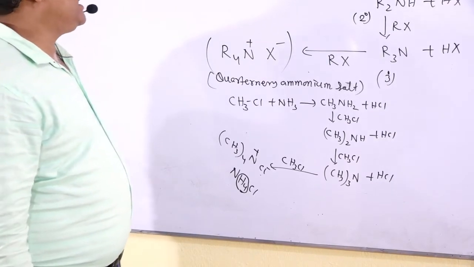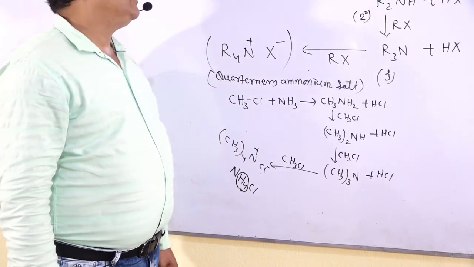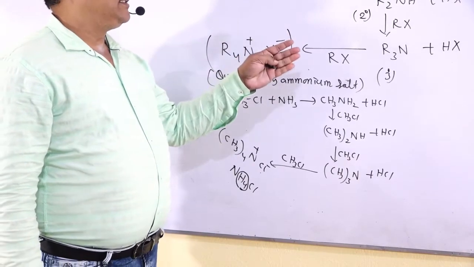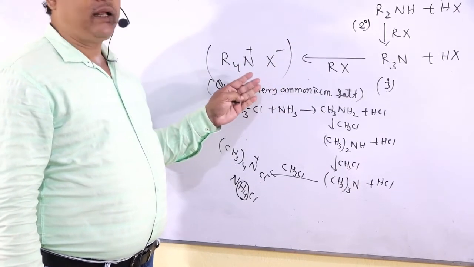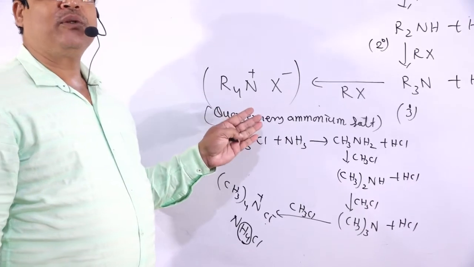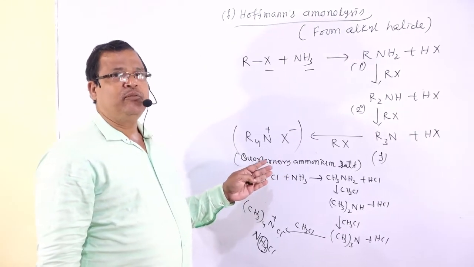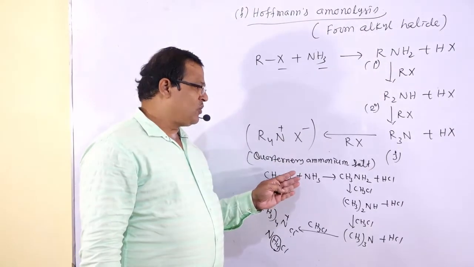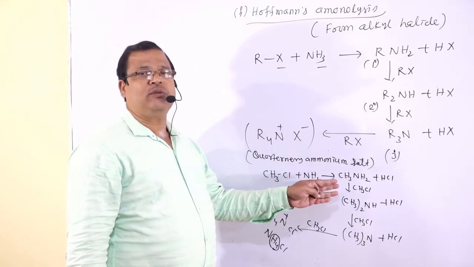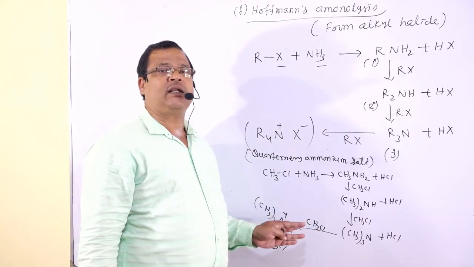So this is regarding the methods of preparation of primary, secondary, tertiary and finally the quaternary ammonium salt. Therefore, this cannot be treated as the better method for the preparation, because not only do we get the primary amine but also a mixture of primary, secondary, tertiary and quaternary.